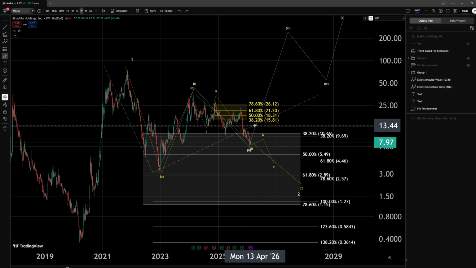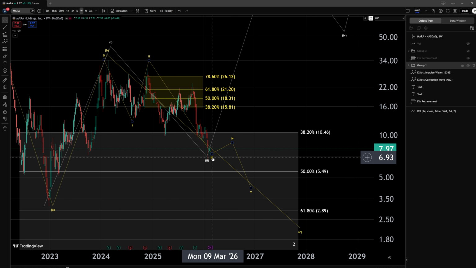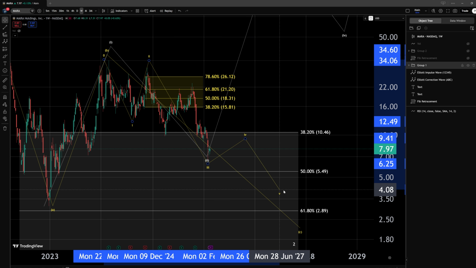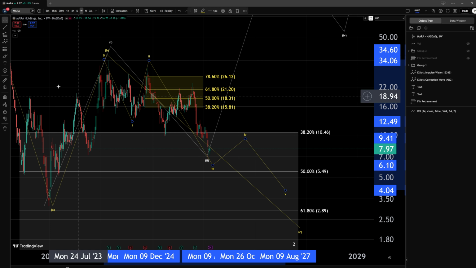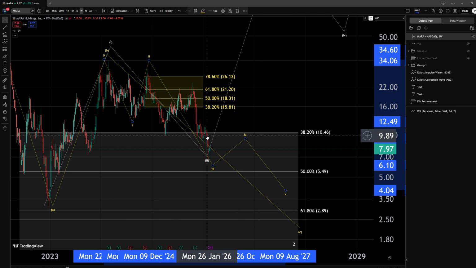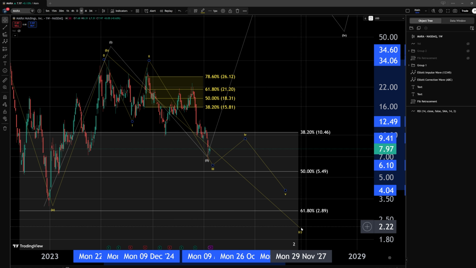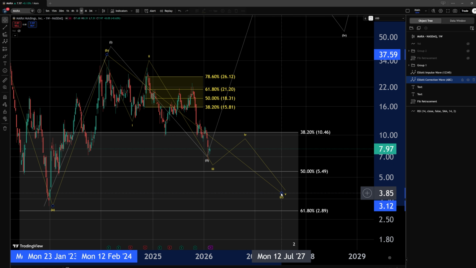Now, if we are to assume that this wave 3 has formed the bottom, I would even find it difficult to reach those levels, but within the structure that we have built in this area, it really has only followed our expectations so far, and it seems to be on the right track to completing a 5-wave move within this area, and sometimes the wave C doesn't even go beyond where the wave A ended.